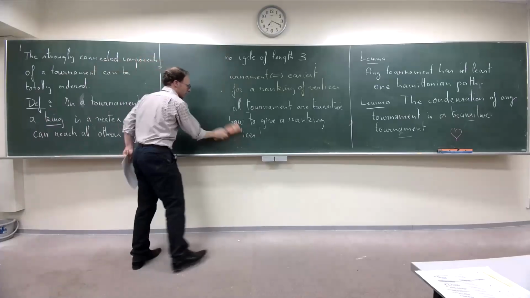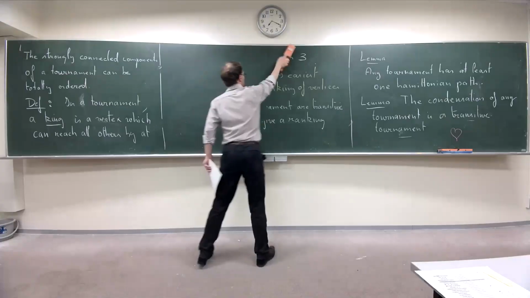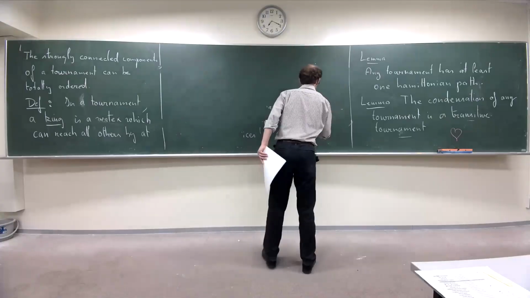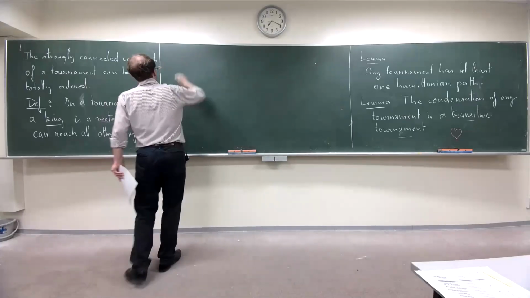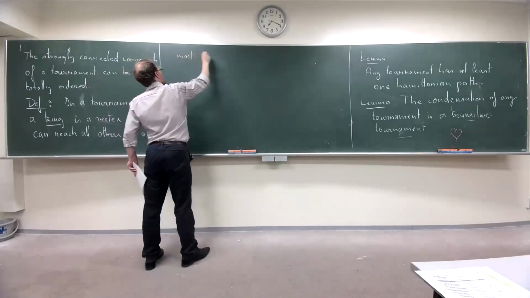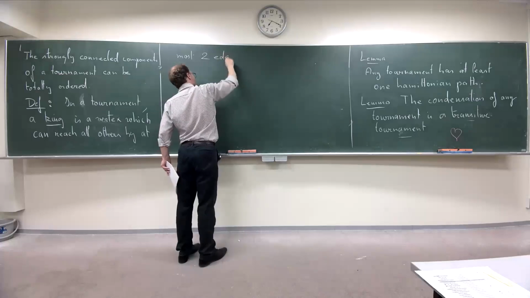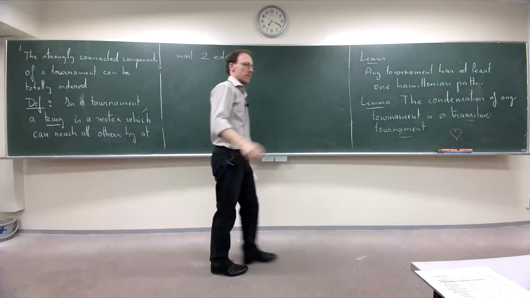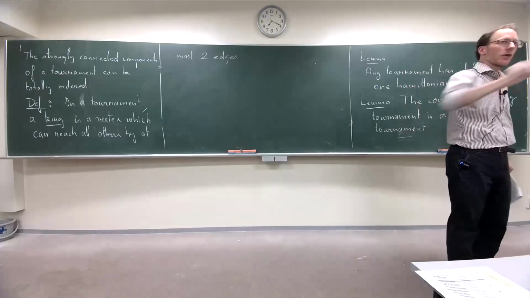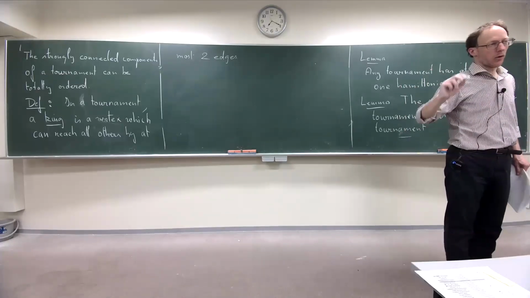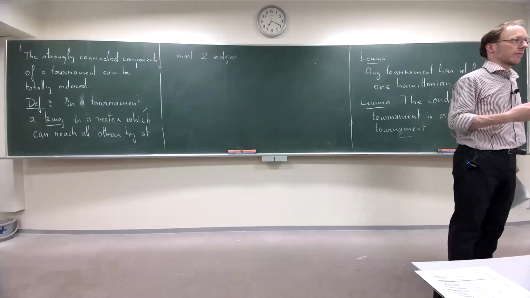So it means with 2 arrows, you can reach all the other ones, by at most 2 edges. Of course, they are oriented. So the king is: you start from it, you can reach everybody, all the other vertices within 2 steps.